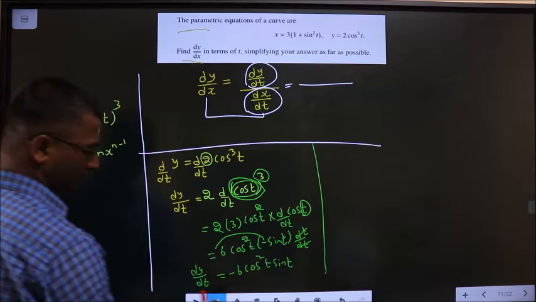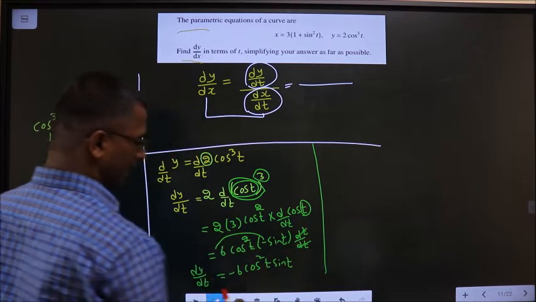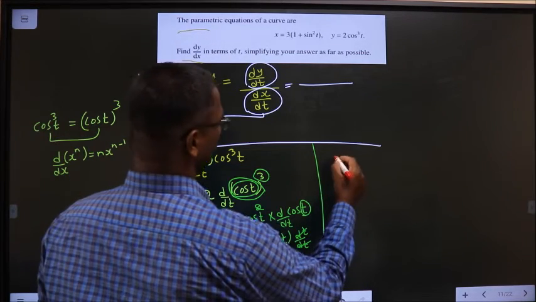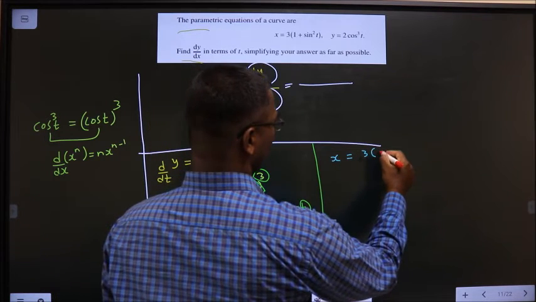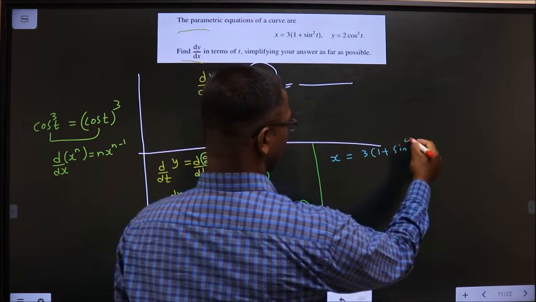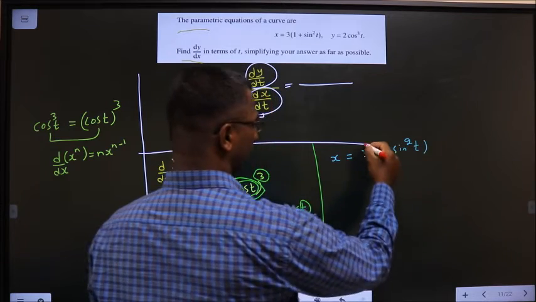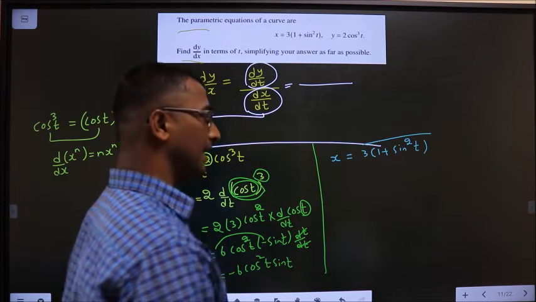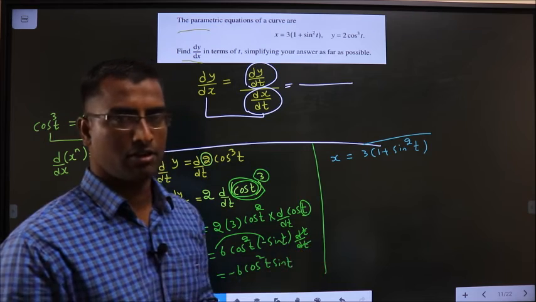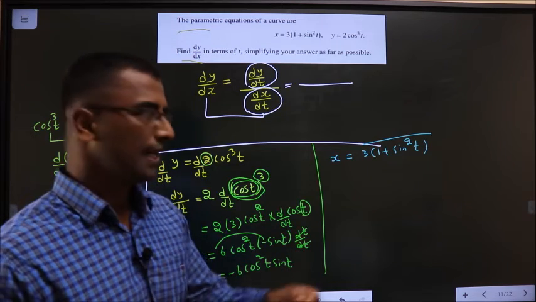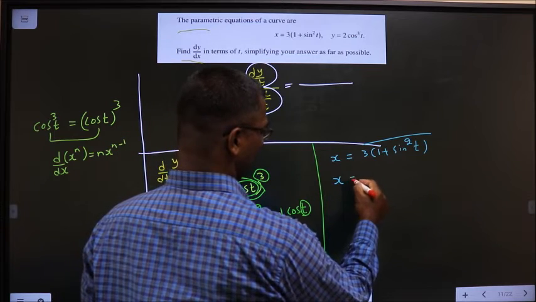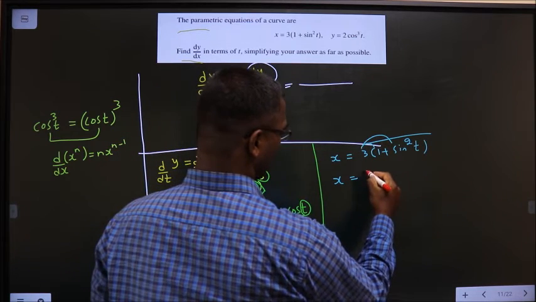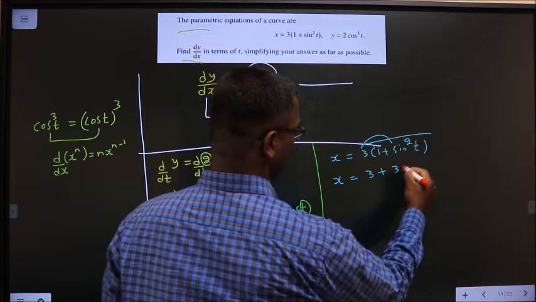Now let us find dx by dt. For that, x equal to 3 into (1 plus sin²t). Again, to get dx by dt, I need to apply differentiation on both sides. Before that, I will simplify it: multiply with 3, so I get 3 plus 3sin²t.